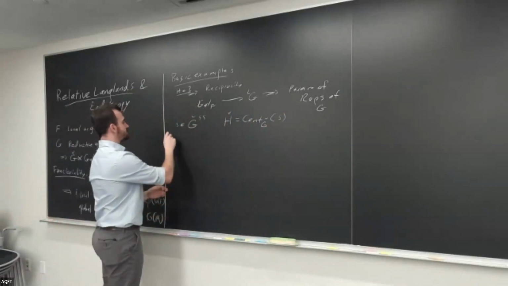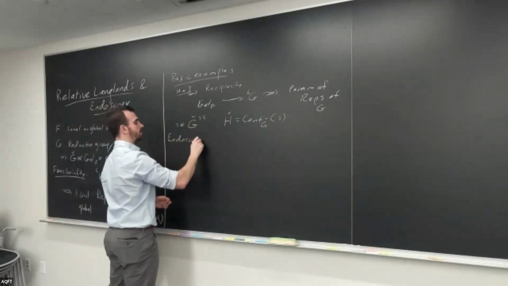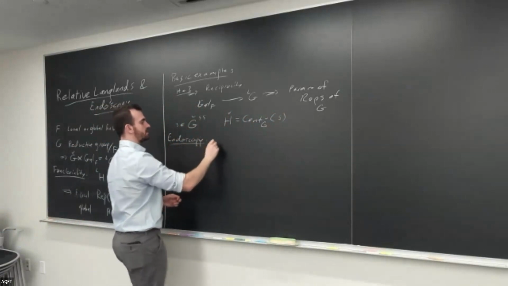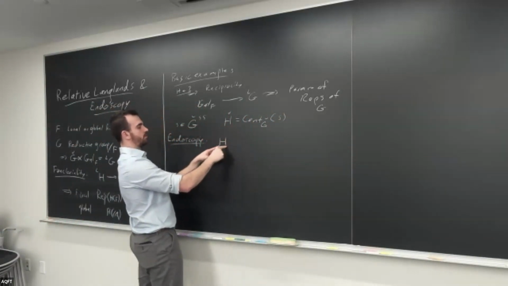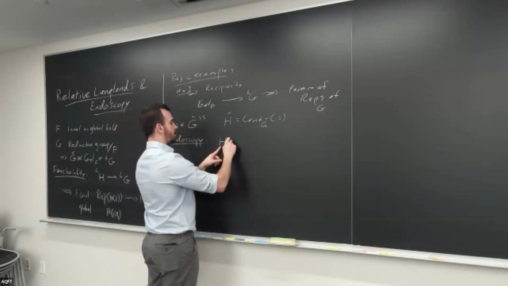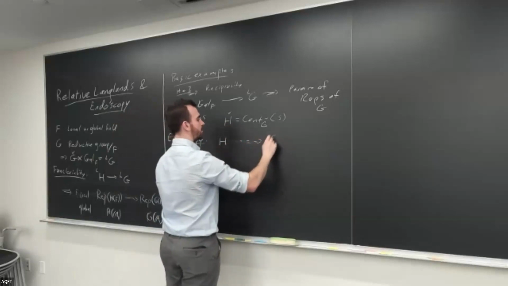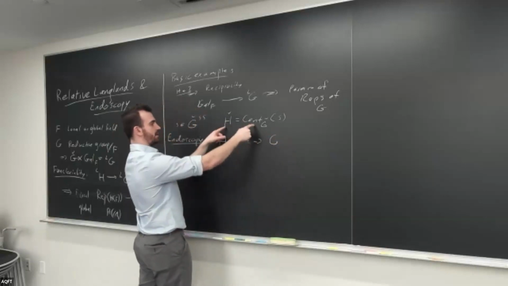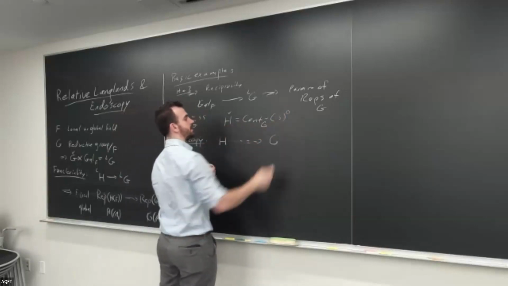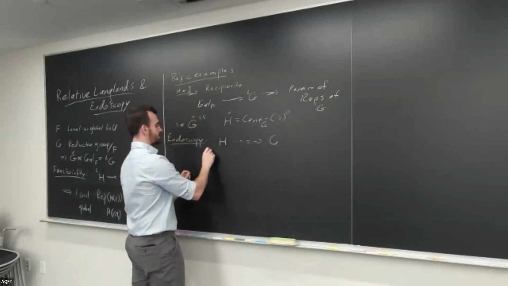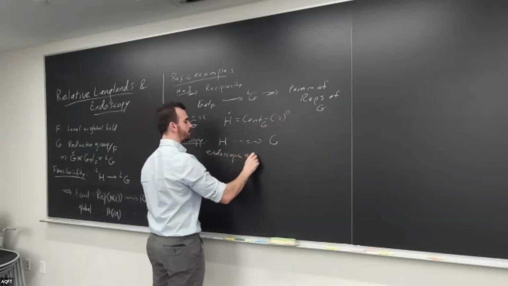But with this setup, this is the concept of endoscopic transfer. H gives rise to a quasi-split group H over F, and the transfer from an H that arises in this way. If you take a centralizer, you want to take a connected component. This is called an endoscopic group.